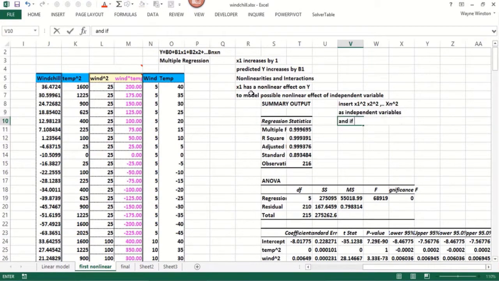And if the square of an independent variable has a low p-value, let's say less than 0.1, then the independent variable has a nonlinear effect on y.